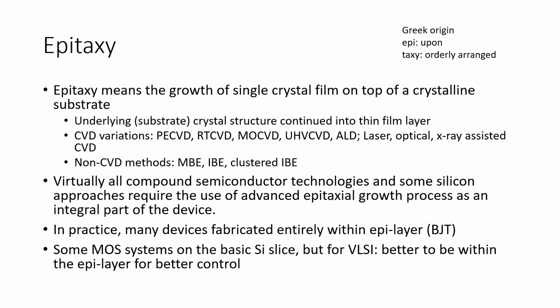So in practice, many devices are fabricated entirely within the epi layer, like a bipolar junction transistor. And most devices are fabricated on the silicon substrate directly. But for VLSI fabrication, it is good to use an epi layer for better control.